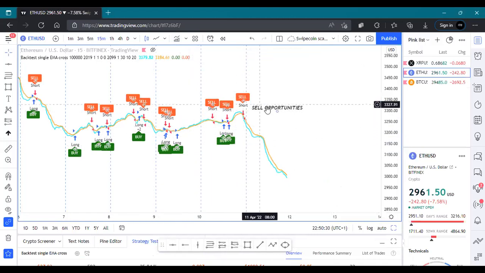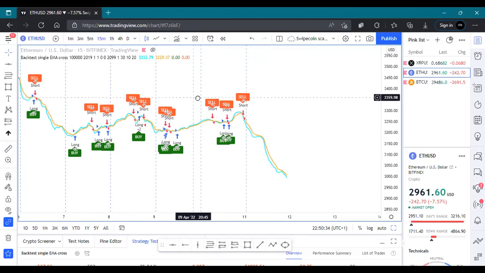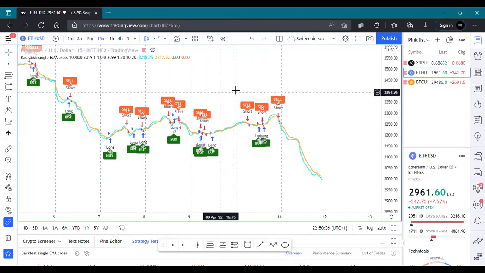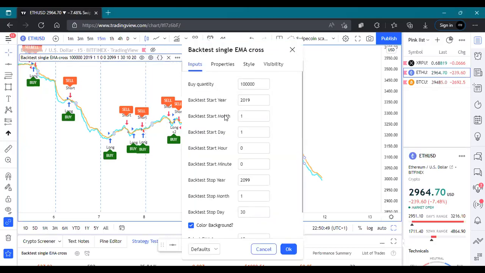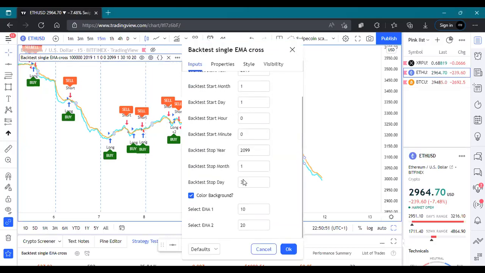So don't bother yourself about setting it up. I'm going to show you guys how to set it up, and it's very, very easy. Once you click on that, you're going to have something like this. You simply come over to the settings here, scroll all the way down to the input area, and select EMA 1 and 2.